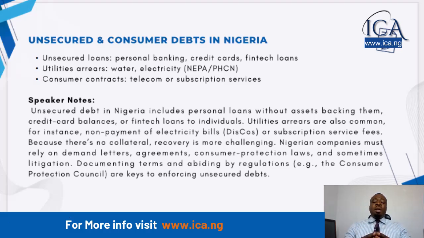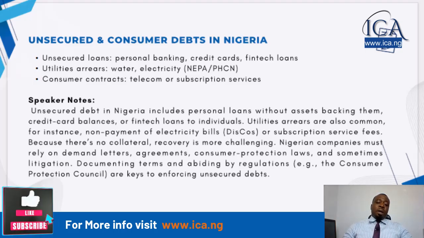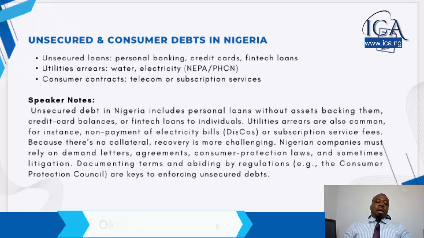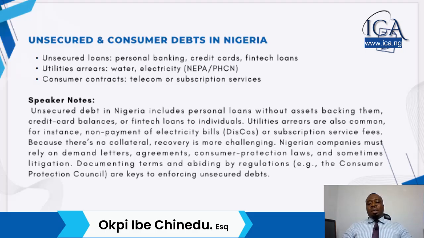We have various fintech companies that extend personal loans to individuals having financial challenges, and in most situations, such individuals find it difficult, because of their financial challenge, to offset the loan that has been extended to them.